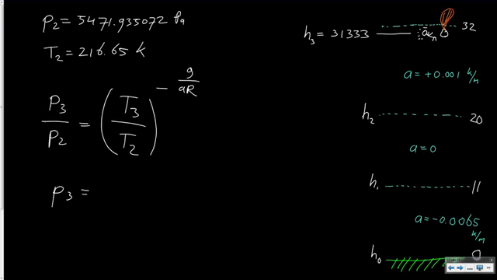Filling in the numbers. P3. Well, T3 is the first thing we need. We haven't calculated that yet, so let's calculate that. It's 216.65 plus 1 Kelvin per kilometer. So plus 0.001 times 31333 minus 20,000. And this gives us a temperature which is higher than the previous temperature, obviously, as the temperature is increasing.